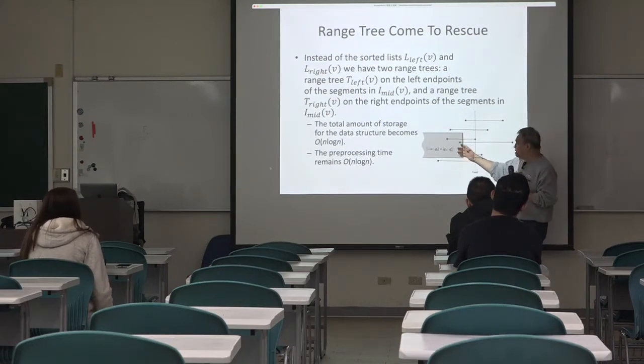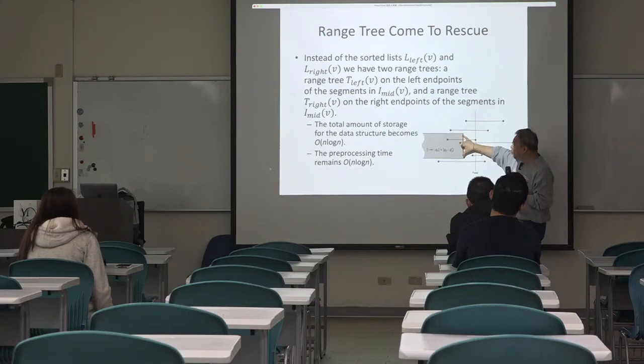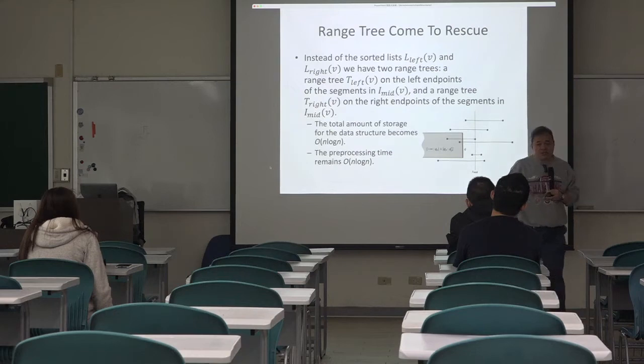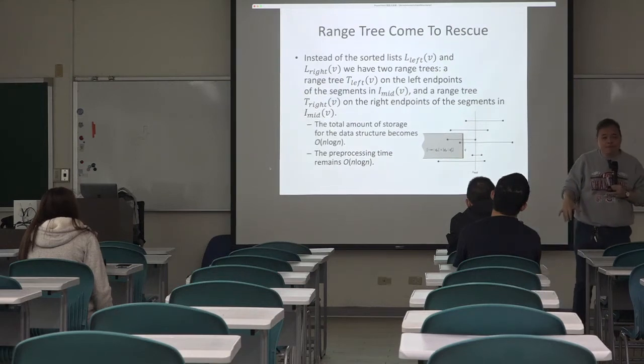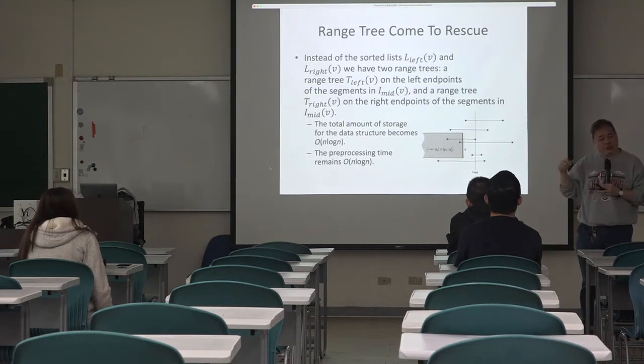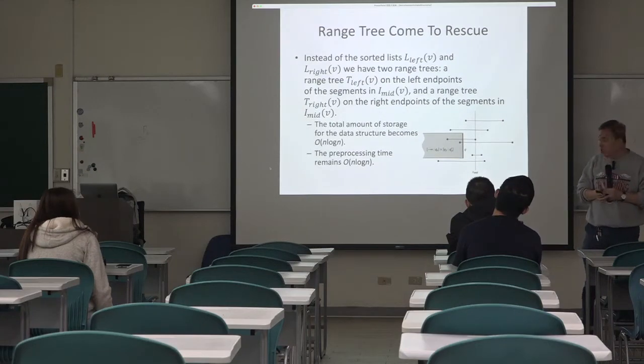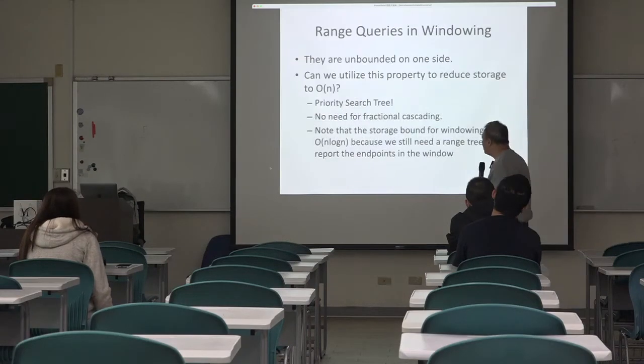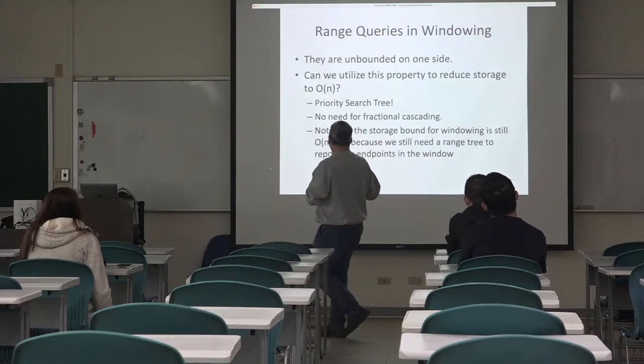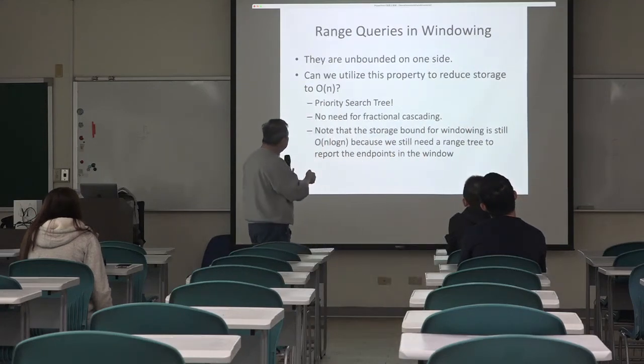Because one side of the window is unbounded, right? In such a range query, one side of the window is unbounded. So that's why we call it a special type of range query. They are unbounded on one side.